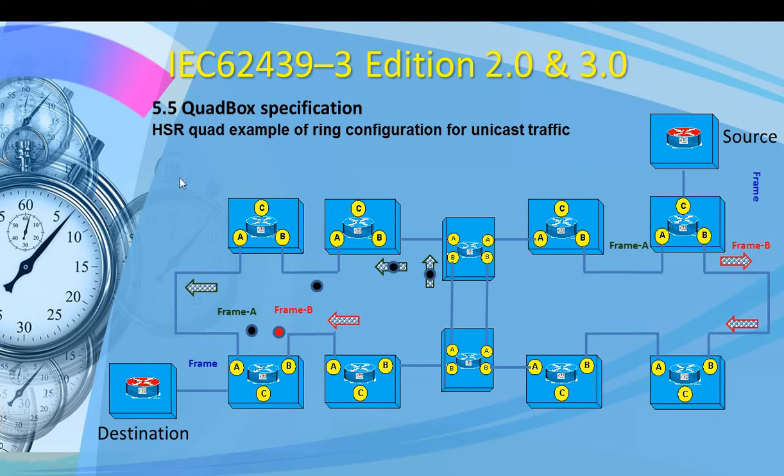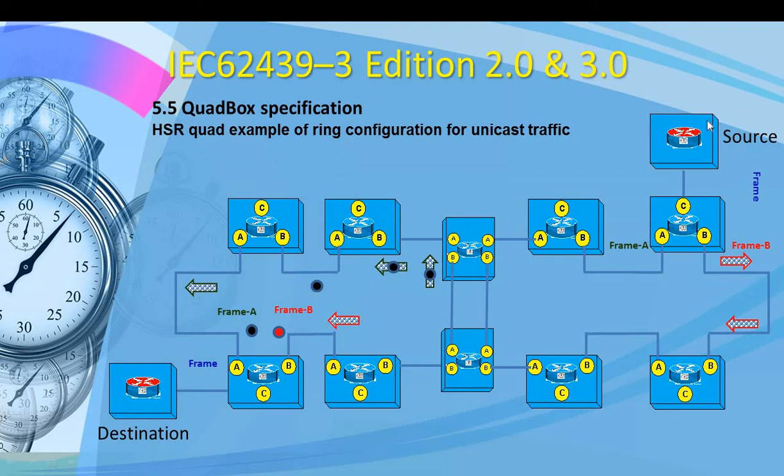Another scenario is called the quad box. The quad box can connect 2 different HSR rings together. In order to improve high availability, usually 2 different quad boxes are used to connect the 2 different HSR rings.